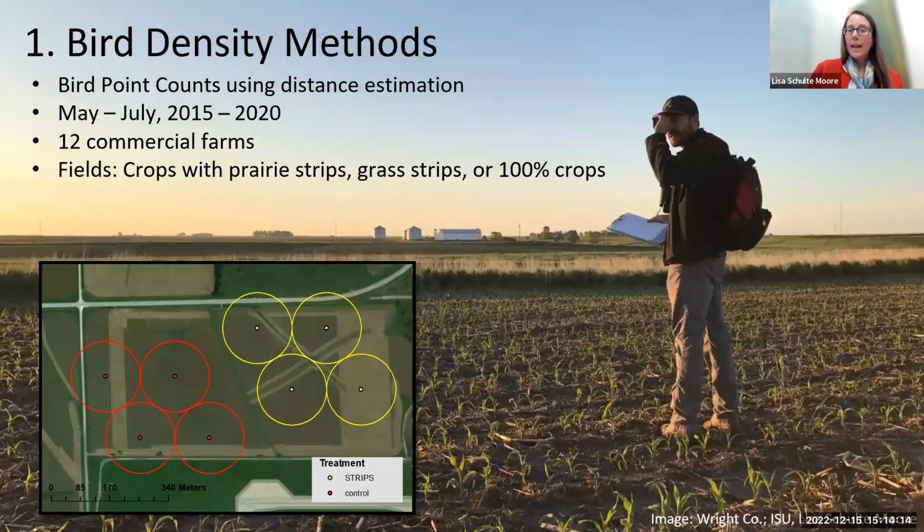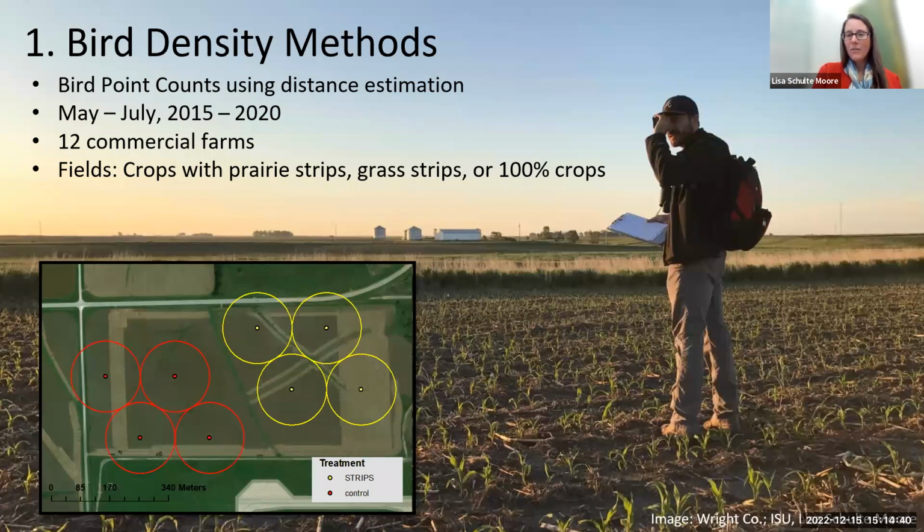So with that first objective, the method that we used was to estimate bird density in the agricultural landscape. And the method is bird point counts using distance estimation. As I mentioned, a PhD student in my lab, Jordan Gies, who's pictured here, is working on this evaluation. We have 6 years of data that we're looking at.